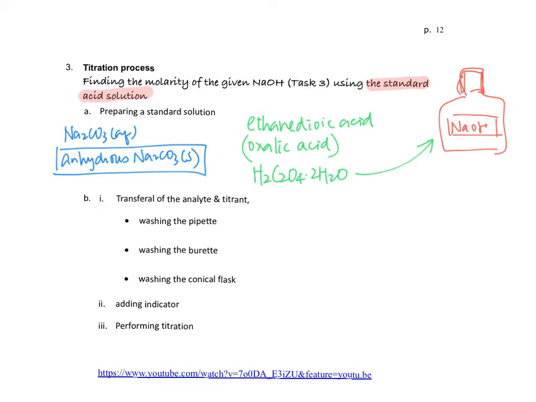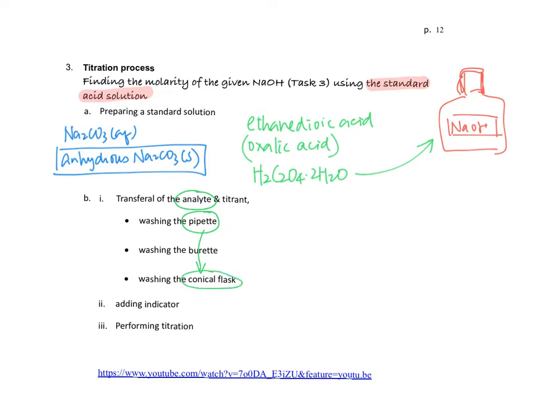To perform a titration, we have to be very careful to avoid unnecessary dilution, contamination, or any loss of reagents. In a titration, the analyte, that is the sodium hydroxide solution, will be transferred by a pipette to be placed in a conical flask.